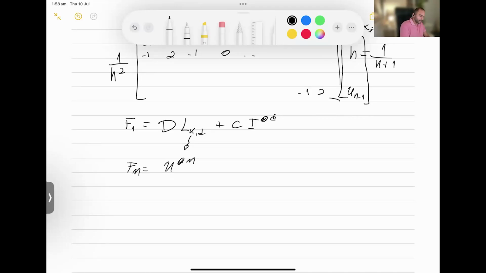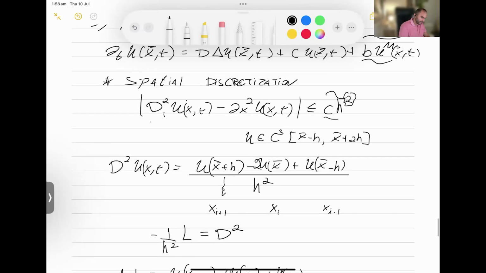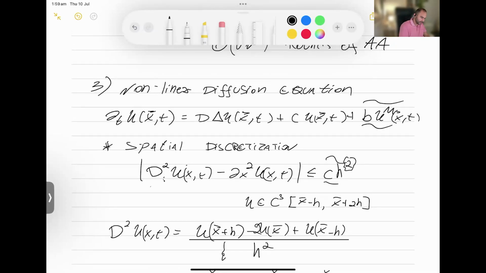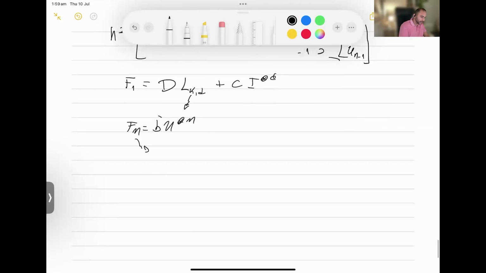And then Fm is related to this part here, so it's pretty much related to this component and then the factor B here. That's how they create Fm, though it's not exactly this, because it is actually a matrix expression. But the Fm comes from the result of the discretization of this nonlinear component of the diffusion equation.